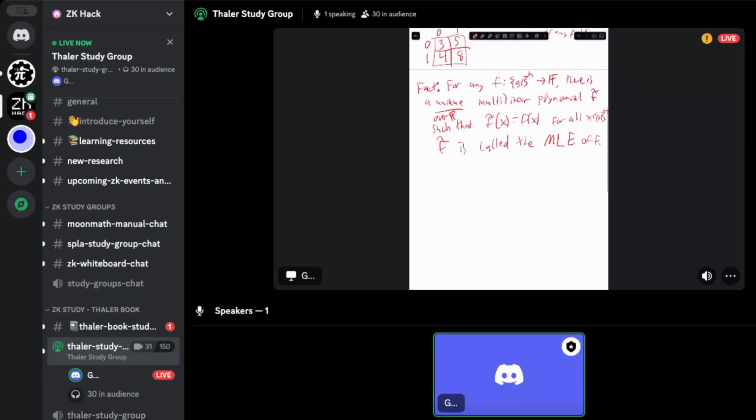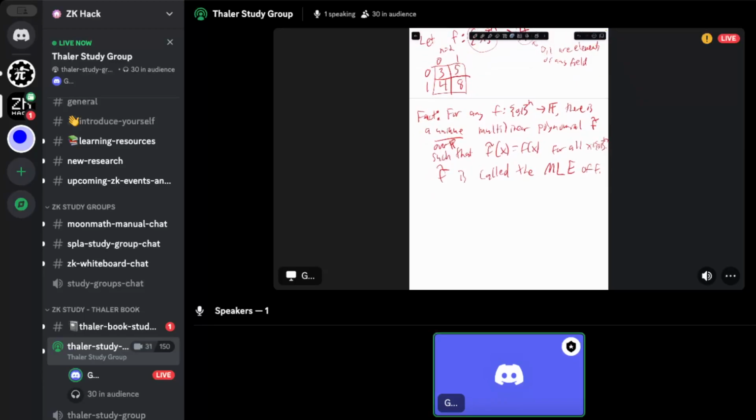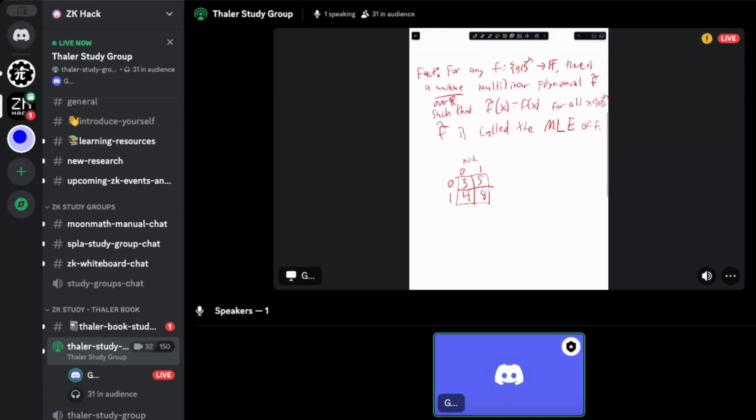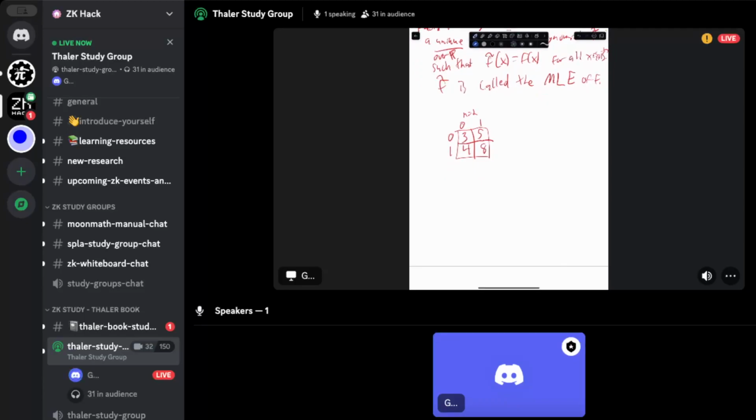Pictorially, if I move this picture of this particular f down to get more space, f itself only has 4 evaluations, but f twiddle has domain size field to the n, which when n is 2 is field size squared. Think of a field of size about 2^128. f has only 4 inputs, but f twiddle has 2^256 inputs.